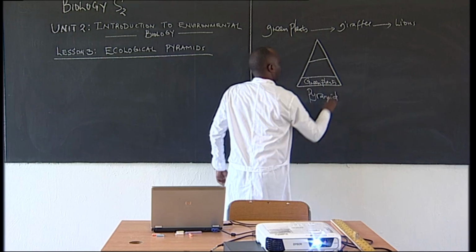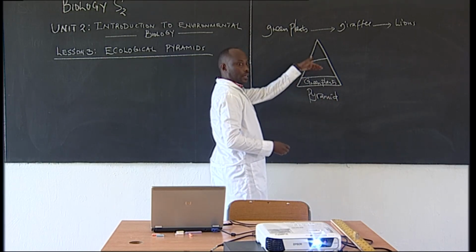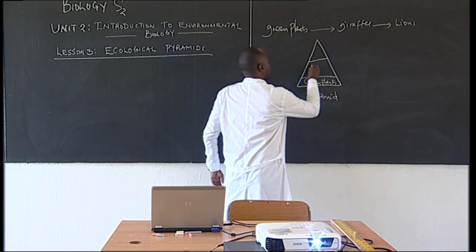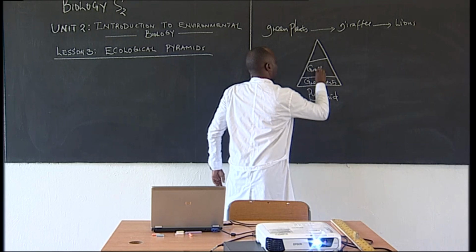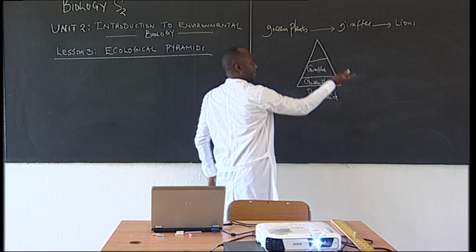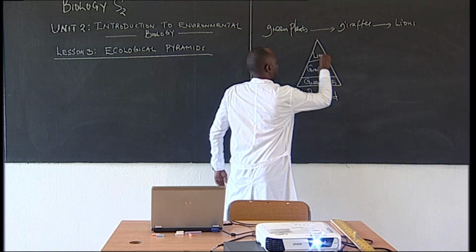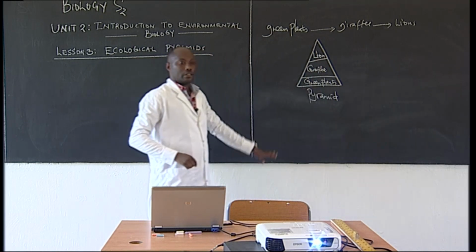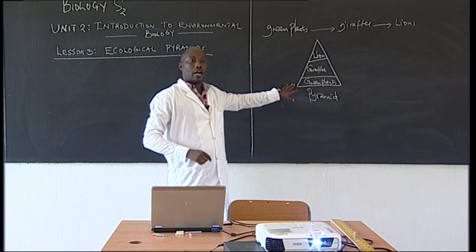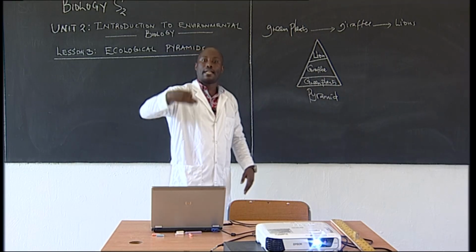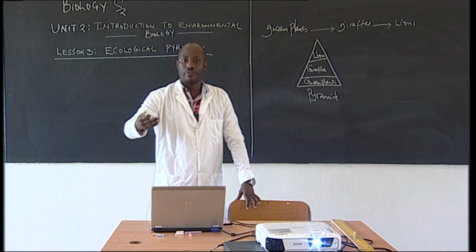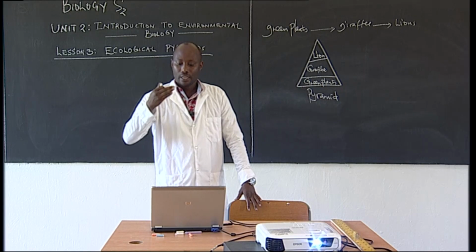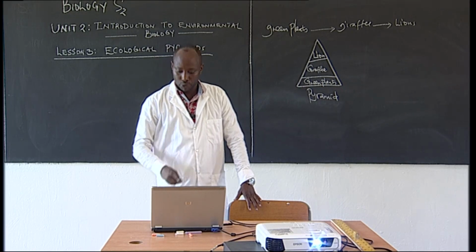Following the green plants in the pyramid, we have giraffe. The last one is the lion. This is a pyramid. As you try to see how energy is transferred from one energy level to another energy level, you are able to understand that, and I hope you've got what I'm talking about.